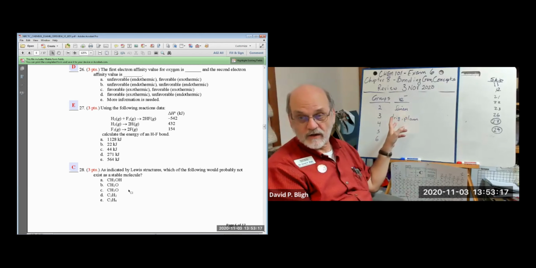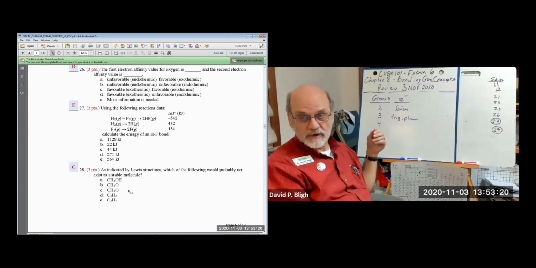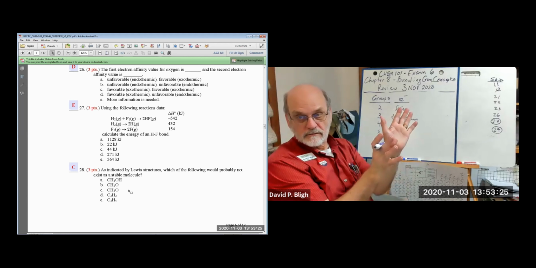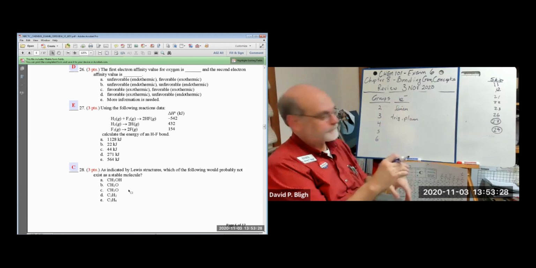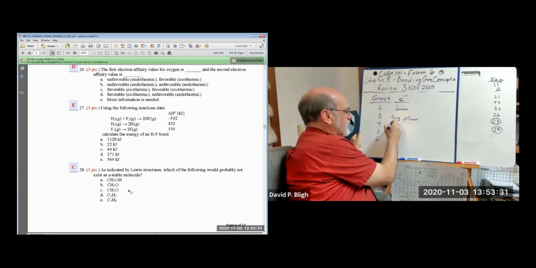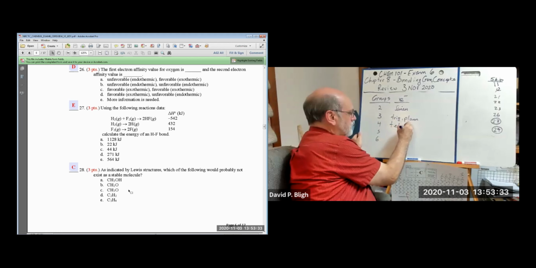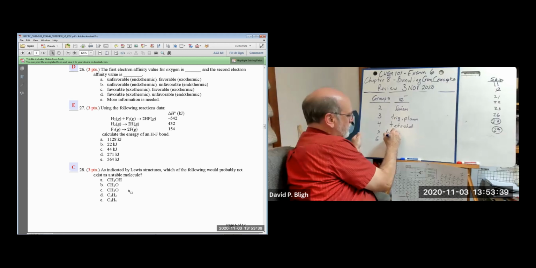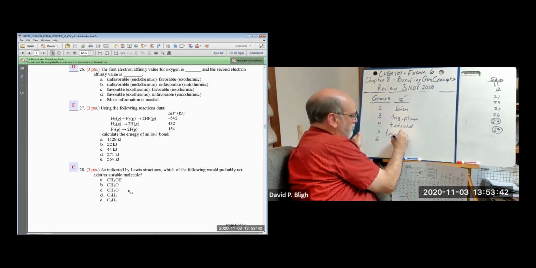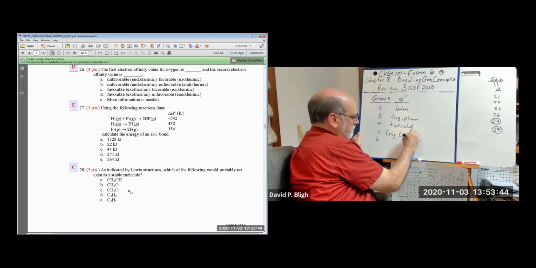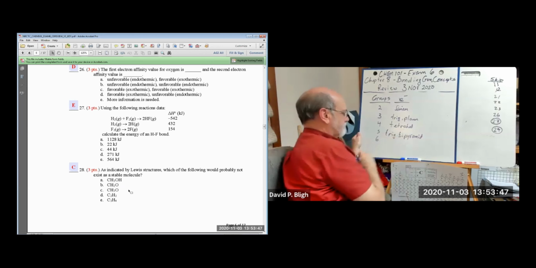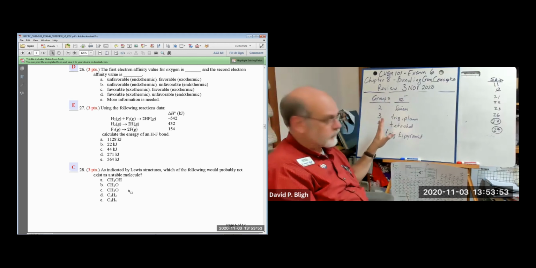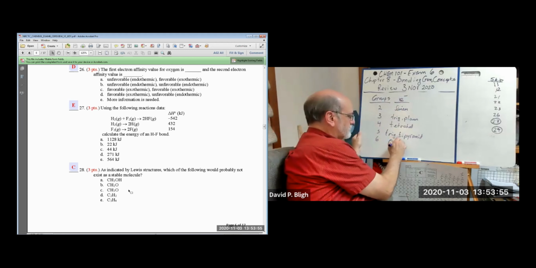It's a triangle, right, with 120 degrees between the groups. 4 is tetrahedral. 5 is trigonal bipyramidal. And this is electronic. I remind you, this is only electronic first. You have to do the electronic first. And 6 is octahedral.